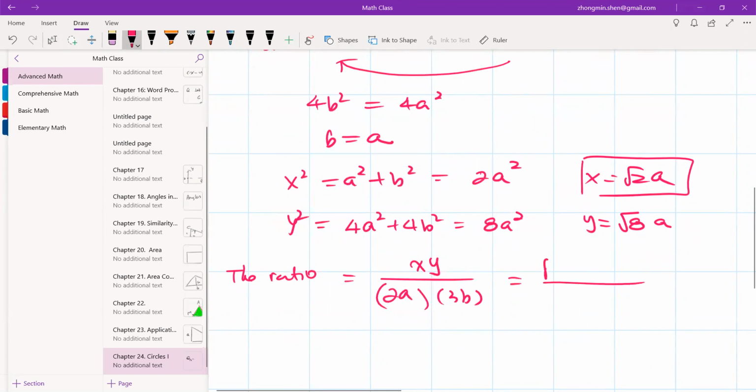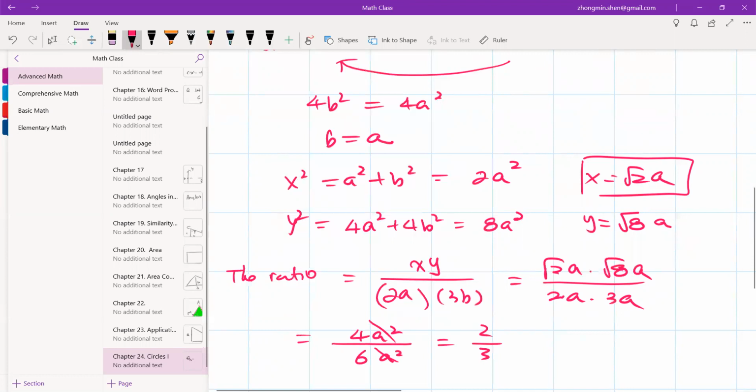Then you put here square root 2 A, square root 8 A, and 2A, 3A, because B is A. So those we cancel out. The top one is square root 16, which is 4A squared, and the bottom is 6 times A squared. So A squared cancels out, and we get 2 over 3. Finally, that's all the computation.